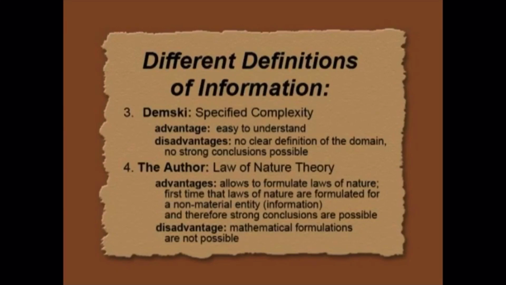The law of nature information theory: its advantages are that it allows us to formulate laws of nature. It is the first time that laws of nature are formulated for a non-material entity, and therefore strong conclusions are possible. The disadvantage is no mathematical formulation.